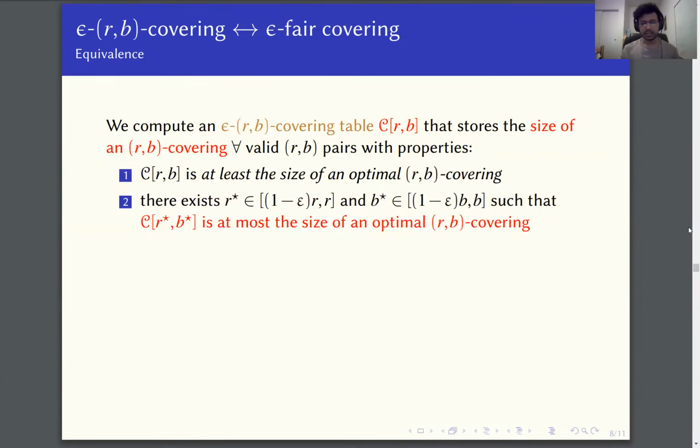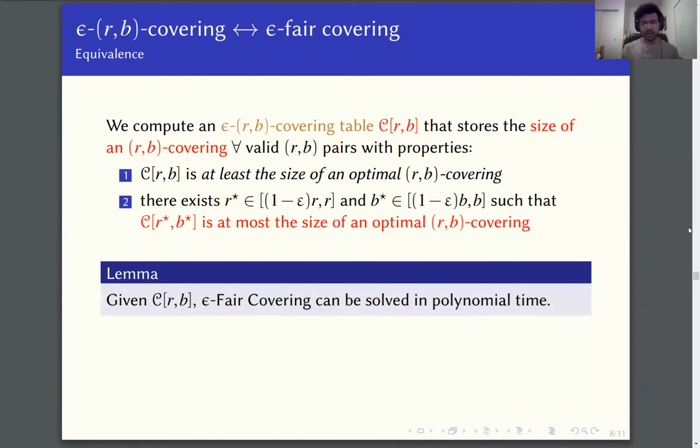Once we compute this epsilon RB covering table C, we claim that the epsilon fair covering problem can be solved in polynomial time. We say that an RB pair is fair if a covering with R red and B blue points amounts to a proportional solution.